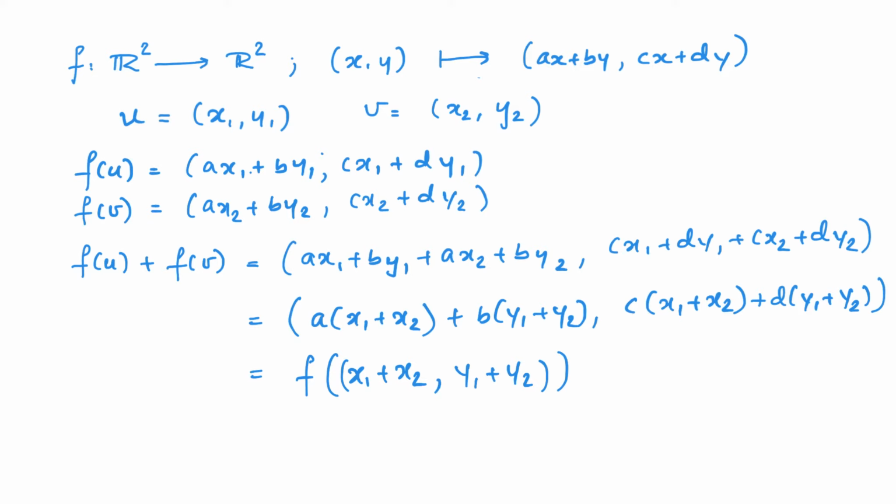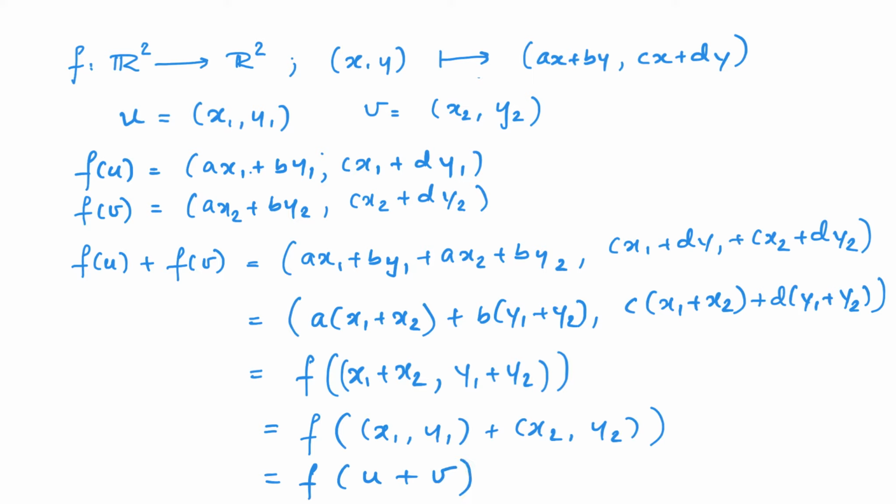But x1 plus x2 comma y1 plus y2 is equal to x1 comma y1 plus x2 comma y2. And recall that x1 comma y1 is equal to u and x2 comma y2 is equal to v. Therefore, we see that f of u plus f of v is equal to f of u plus v. Further, notice that these two vectors u and v were completely arbitrary, and thus the first property is satisfied.